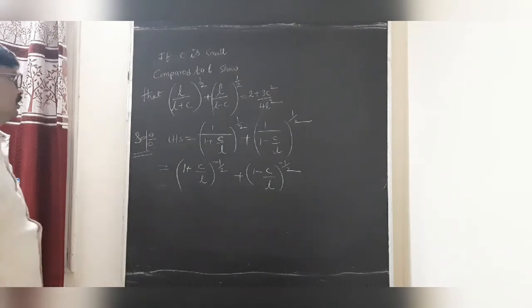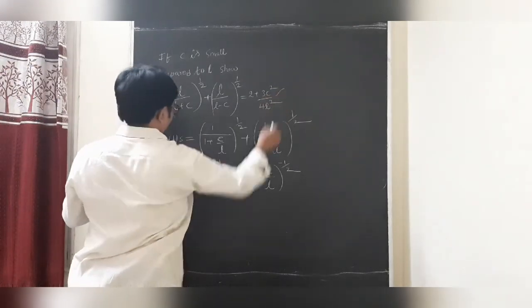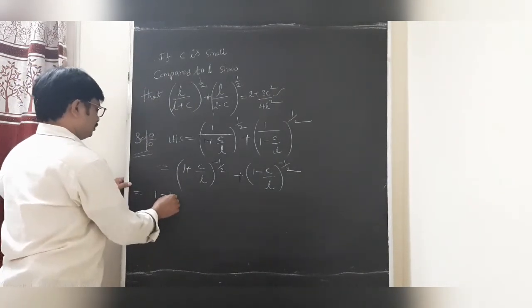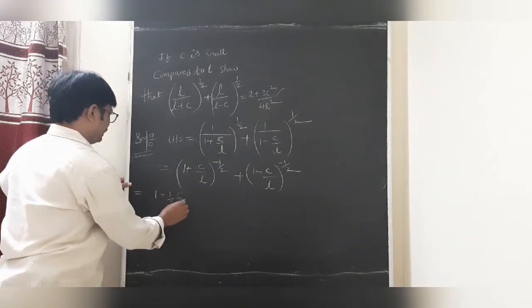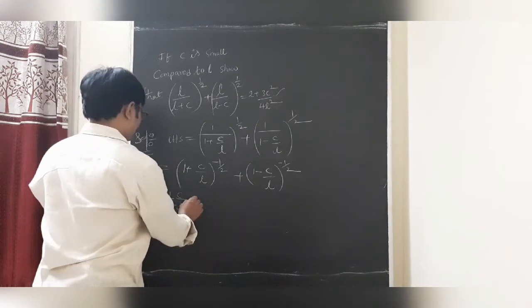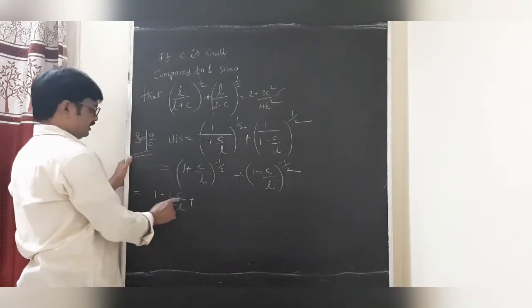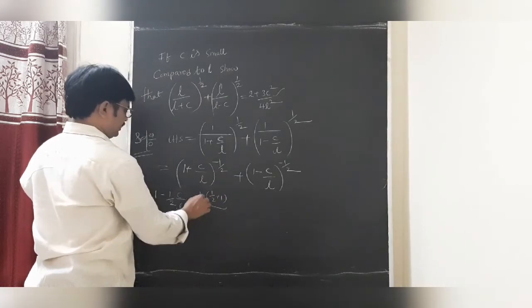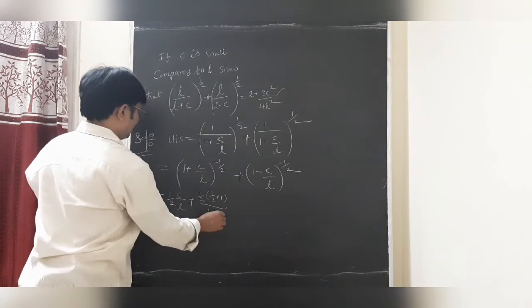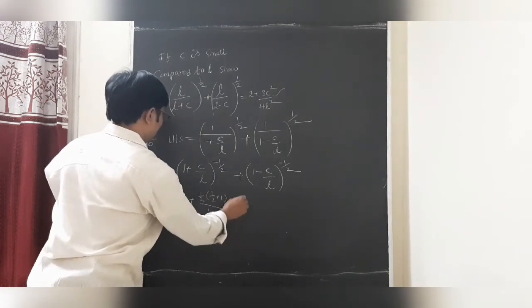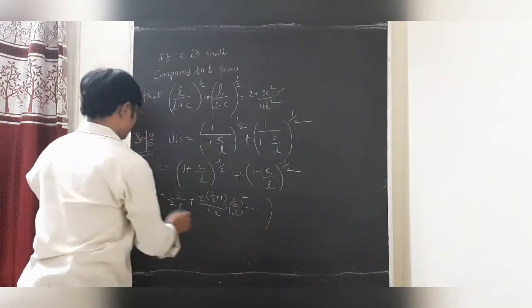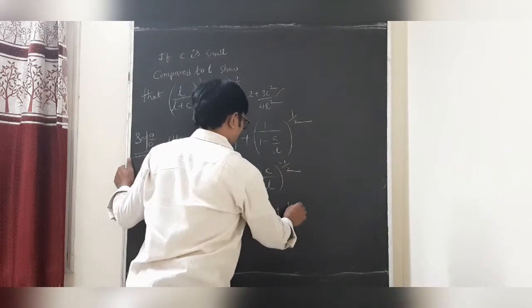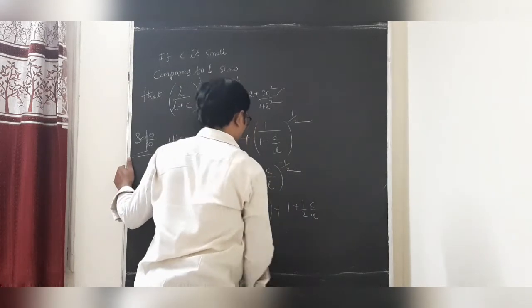So students, here given that up to C square term, undoubtedly we can write it as 1 minus of 1 by 2 nx, that is C by L. Dear students, after then plus n into n plus 1 upon 1 into 2, C by L whole square, and so on. Dear student, this is minus of minus plus 1 by 2 C by L.